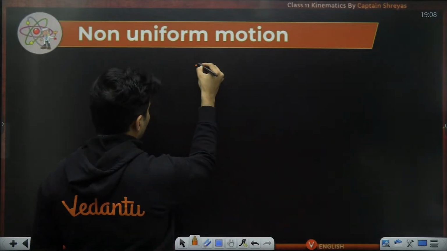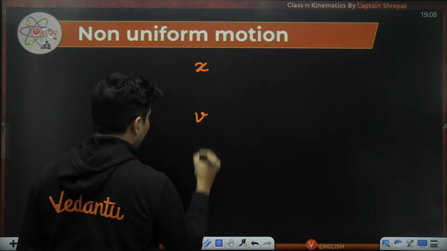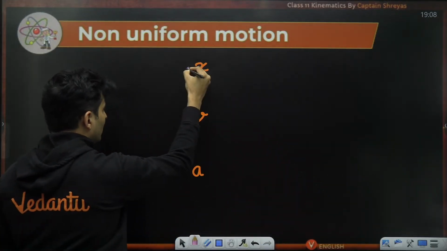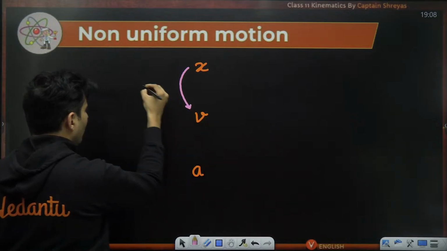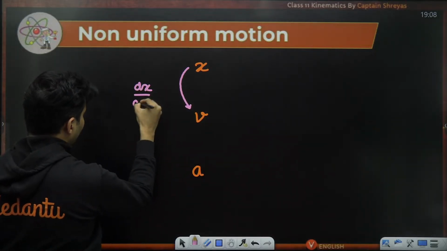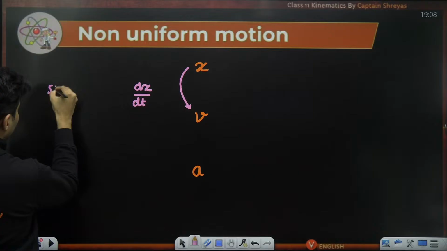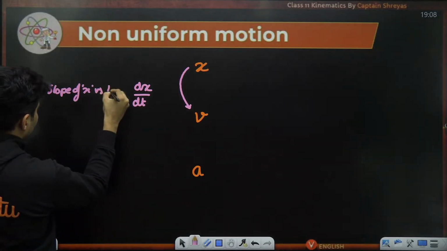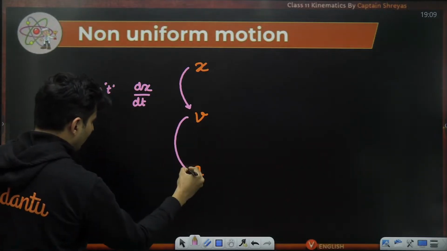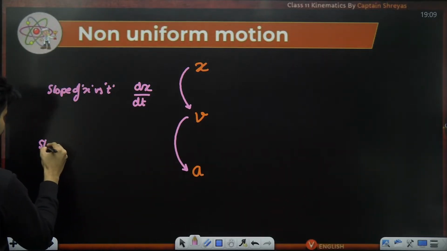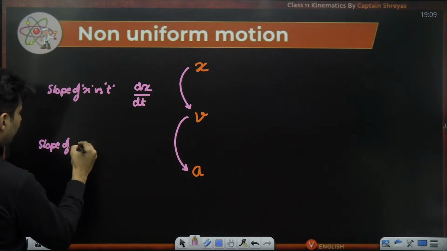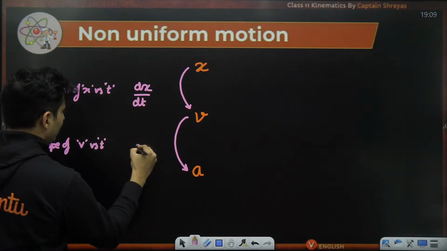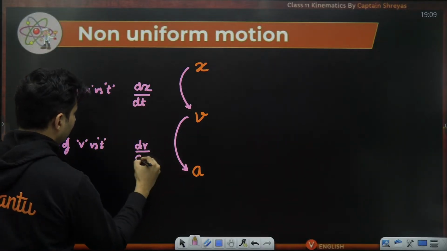What is it? You have position, you have velocity, you have acceleration. If you jump from position to velocity, take dx by dt, which is nothing but the slope of position versus time. If you go from velocity to acceleration, find the slope of velocity versus time, which means dv by dt.